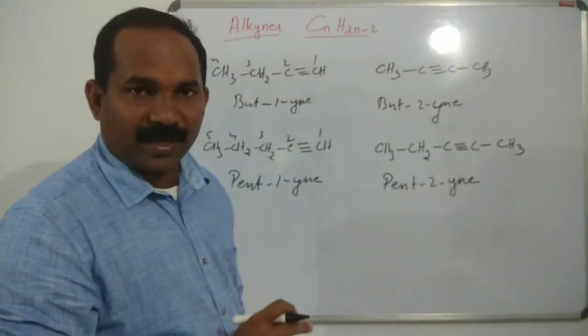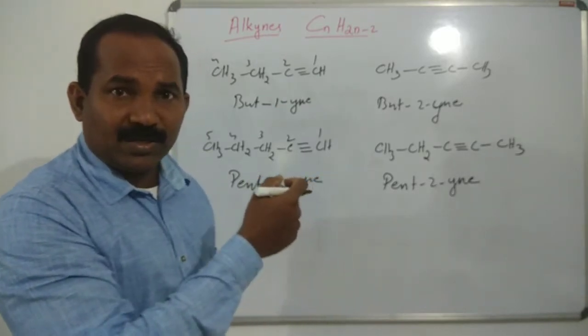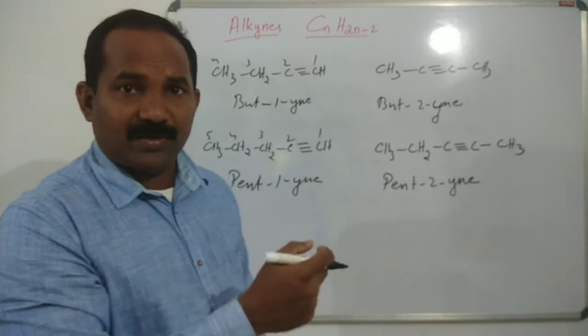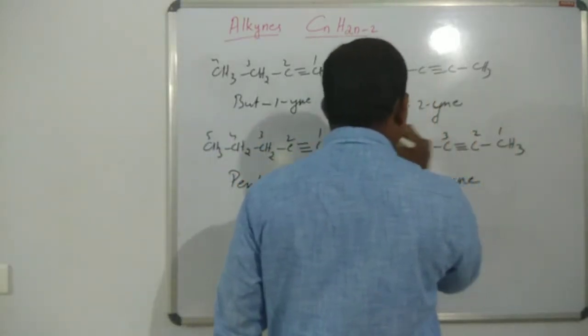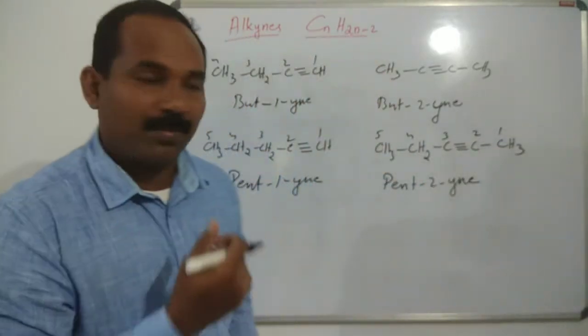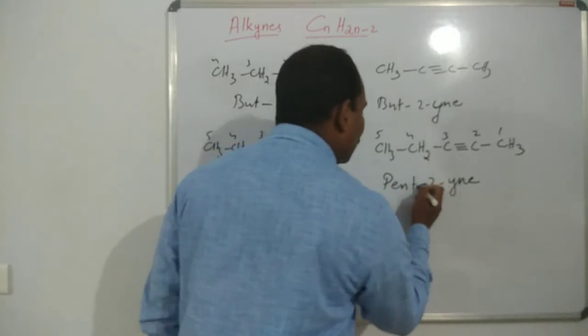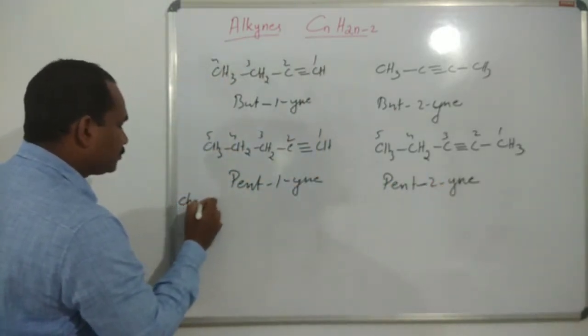Okay, first of all, you try to number the chain from any direction and apply the lowest sum rule or locant rule. 1, 2, 3, 4, 5 is wrong numbering. So pent-2-yne. Next is chain isomerism.